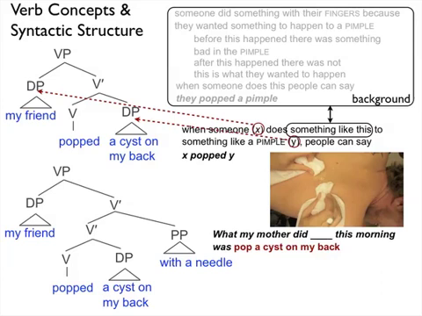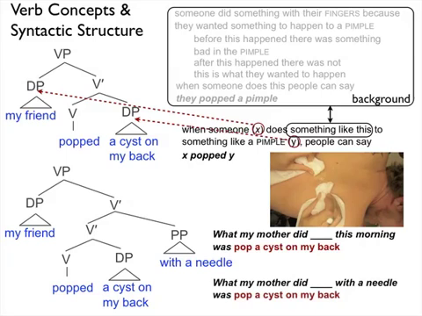And if you add something else, you're still using your hands, but the needle is an additional thing that can be thrown in. And then you look and say, well, yeah, what my mother did with the needle was pop a cyst on my back. It behaves like an adjunct in terms of the syntactic properties, and so that's consistent with the hypothesis, right?